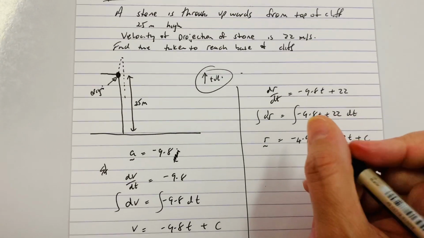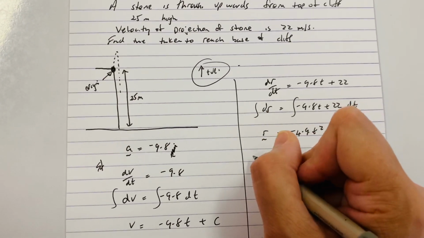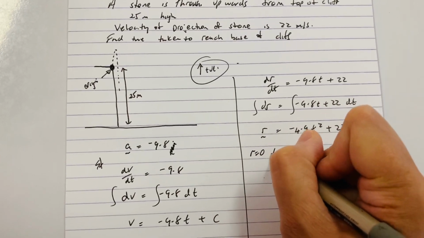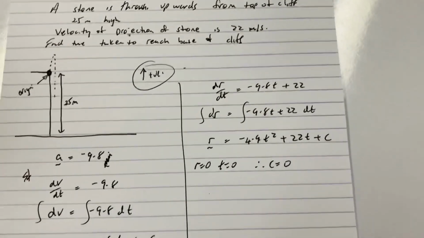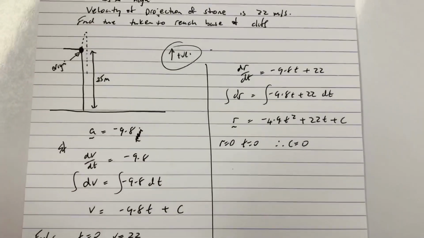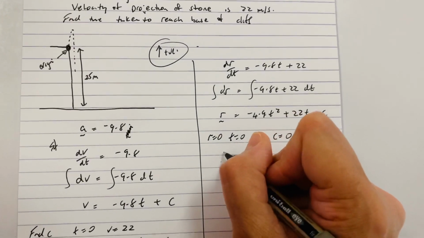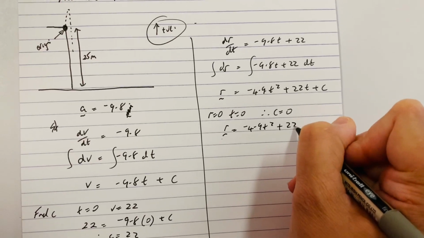Both would give you the same answer and both are valid. So I'm going to say that r equals 0 when t equals 0, therefore c equals 0. That does make it easy that I chose my origin to be my projection point. So r equals negative 4.9t squared plus 22t.